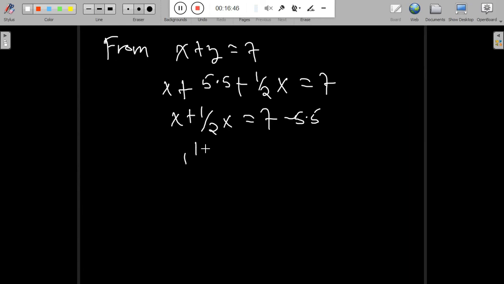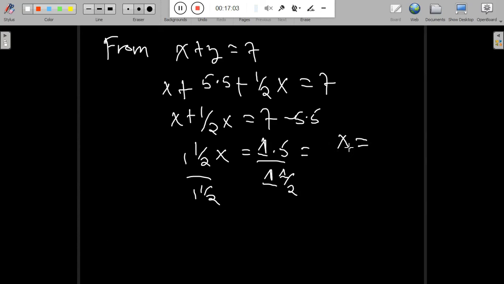It will be 1 over 2x is equal to 7 minus 5.5. This will give you 1.5. Divide by a half both sides. It will give you x is equal to 1.5 divided by 1 over 2. This will give you 1.